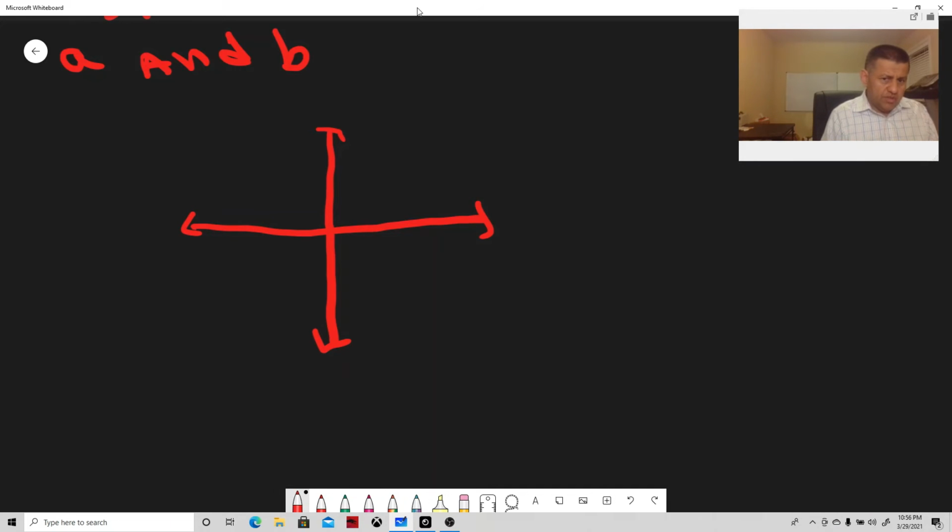Okay, so here we can pick a point, and we know that one point is (-2, 3), correct? So -2, I go 1, 2, and I go up 1, 2, 3, and the first point is going to be around here.